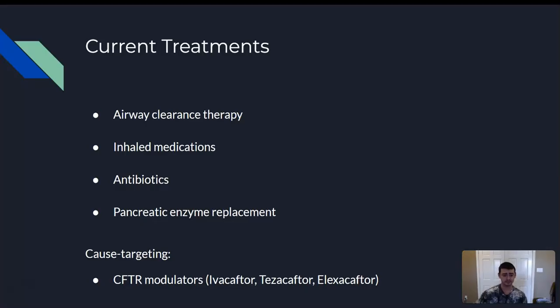Current treatments. Treatment of CF focuses on managing symptoms and correcting the underlying protein defect when possible. Symptom-based treatments include airway clearance therapy to remove mucus, inhaled medications, antibiotics to treat infections, and pancreatic enzyme replacement to improve digestion.